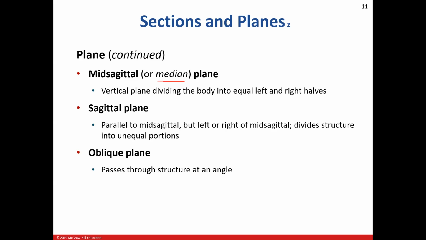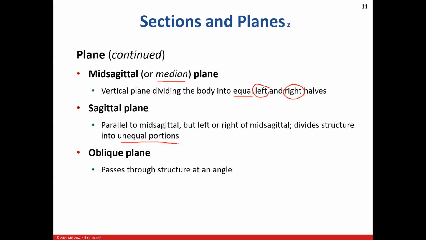So the midsagittal plane is going to divide the body into, this is important, equal left and right halves. Equal left and right halves. Whereas a sagittal plane, and it's important that you know this, is parallel to the midsagittal plane, but it divides the body into unequal portions.